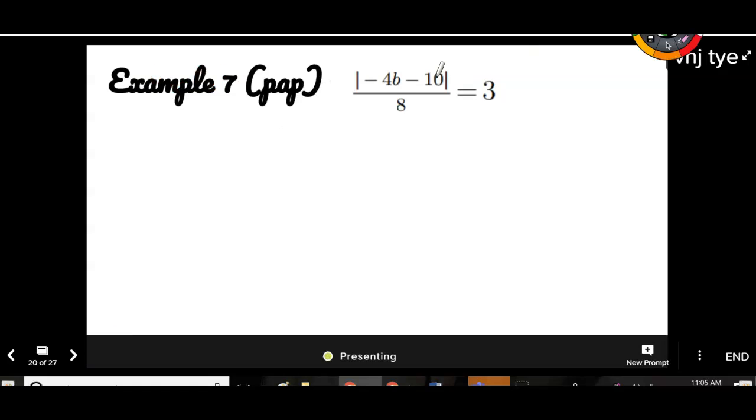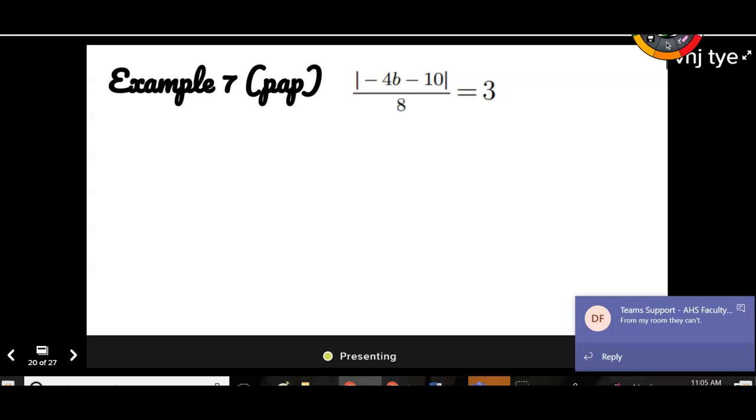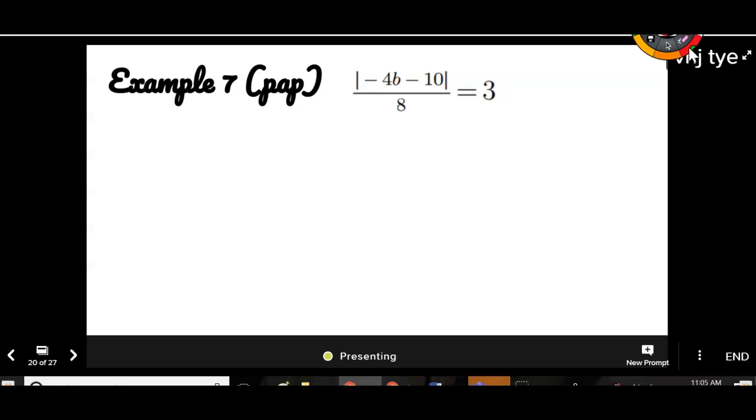Last example. If you have a fraction, what are you gonna do? So again, target your absolute value bars, and outside of the bars, on the bottom, you have a fraction. So first get rid of the fraction. And we have known to get rid of the fraction, you just need to multiply your entire equation by the denominator, the bottom. Okay? So do the multiplication.